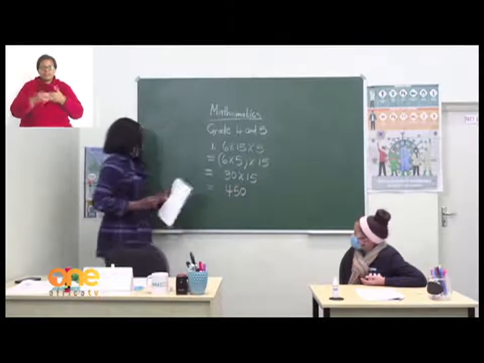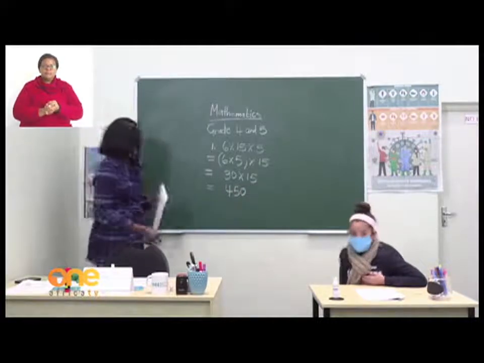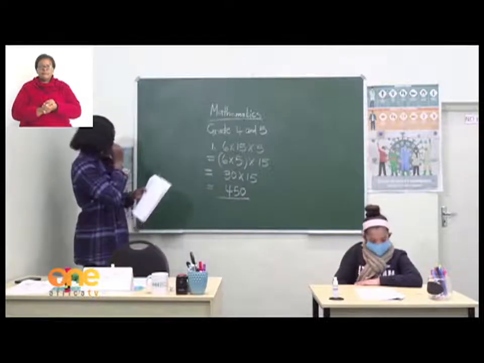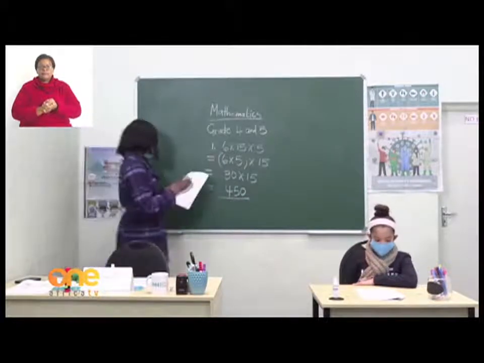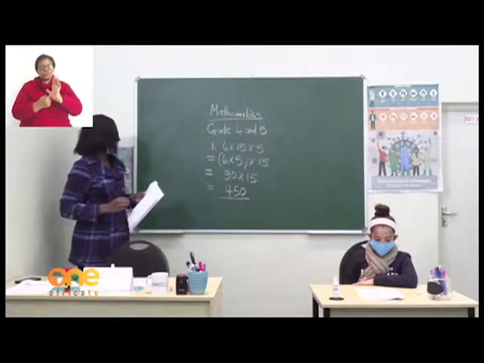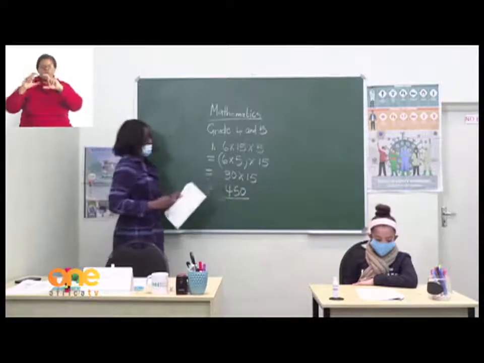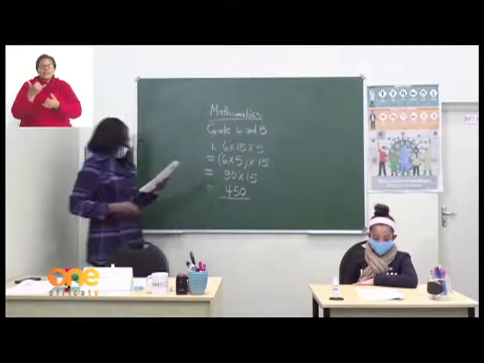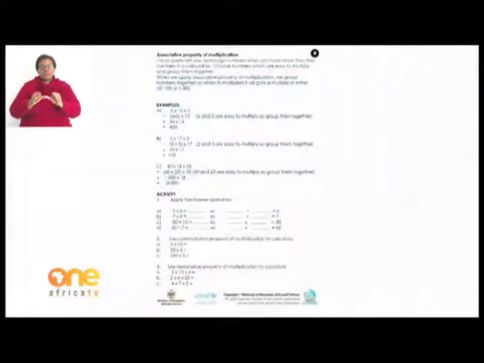Boys and girls, that is our final answer of 450. That is our product. So we are done applying the associative property of multiplication. Boys and girls, I want you to go through the examples of B, C, and when you are done with that, when you master the method, we can go for the activity.